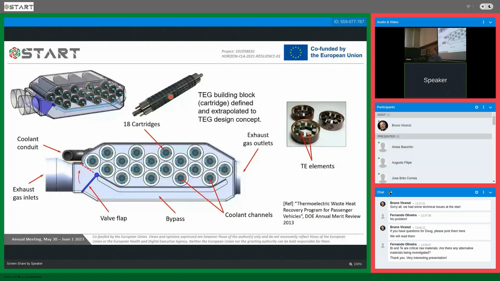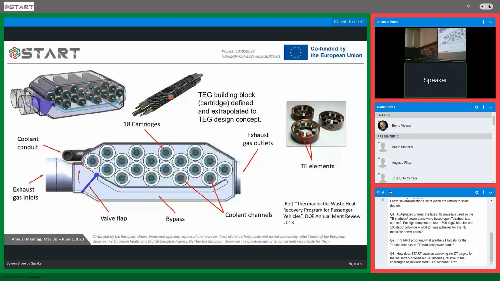It was quite an interesting device architecture with the T shape. Why didn't you translate that also to the Alphabet Energy module? Well, just because I had moved from Gentherm to Alphabet, there were other engineers as well, and also even some intellectual property relating to that design. So we went to trying to handle some of the thermal expansion differences with that flexible cold side.